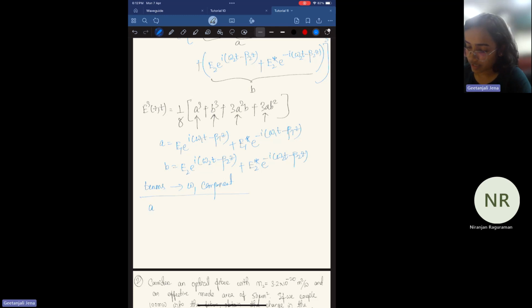So let us see whether A cubed will have ω1 or not. A cubed means, if you see, it has two components, two terms.